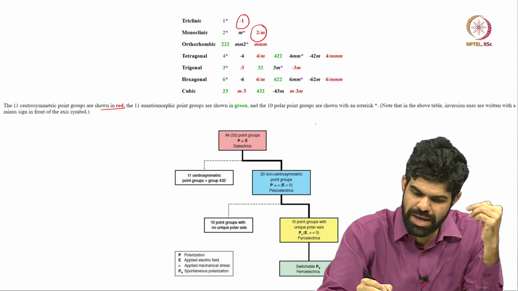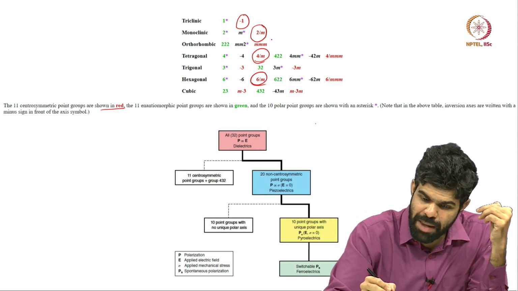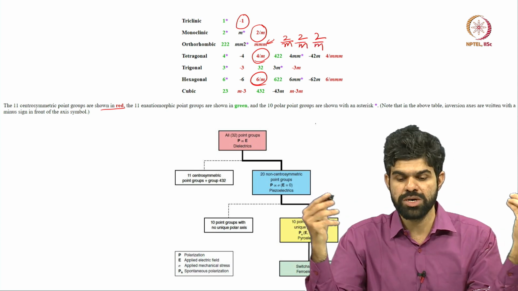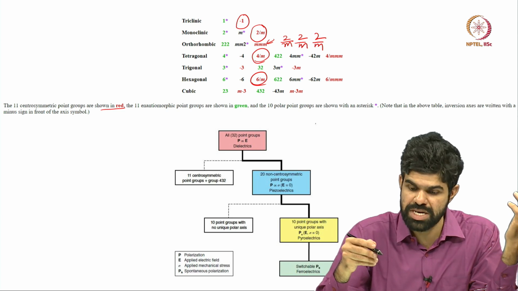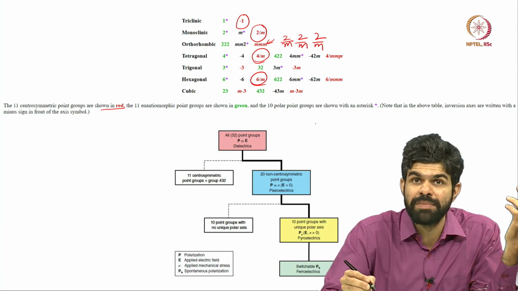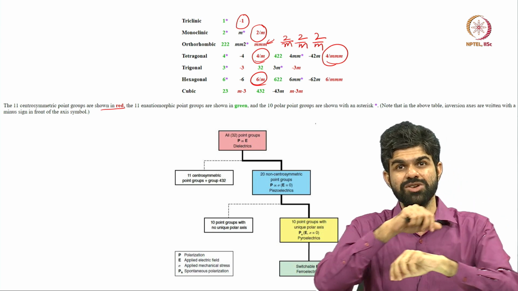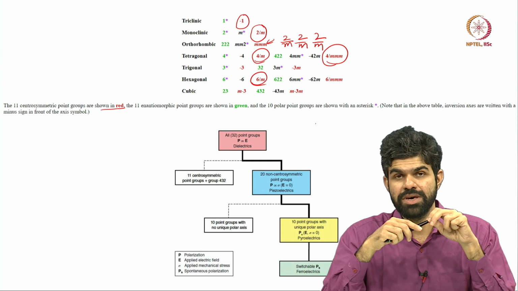So, 2 by m, 4 by m, 6 by m, right, and mmm is actually 2 by m, 2 by m, 2 by m, right. So, in the longer notation, there is a 2 by m here, so that is centrosymmetric. Then 4 by m mm, right, that is centrosymmetric. Then 3 bar itself is a centrosymmetric point group if you think about the stereogram, right.